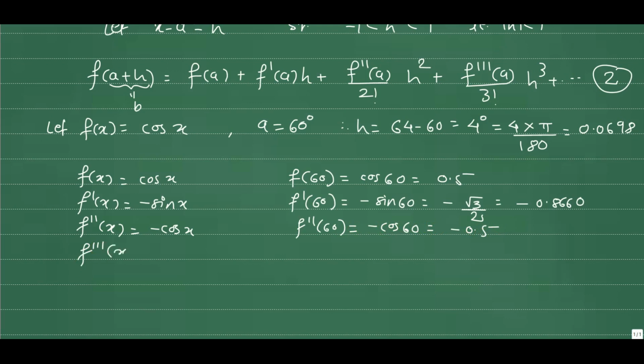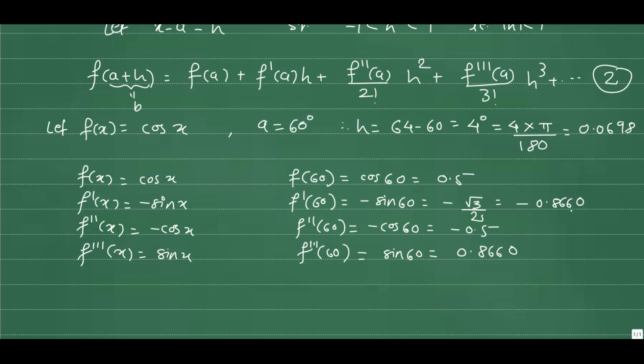Similarly, we can find f triple dash at x, which is sin x. Therefore the third derivative of f at 60 will be sin 60, which is 0.8660, and so on. You can go on doing this, but see here, because h is 0.0698, even if you take up to h cube, it is sufficient, because in h cube there will be 3 zeros after the decimal place.